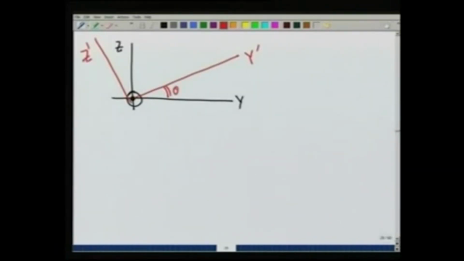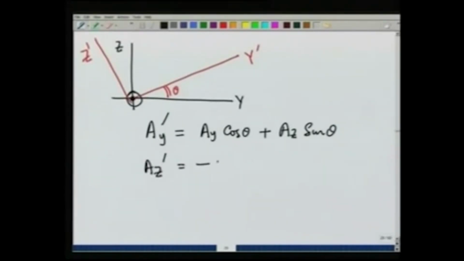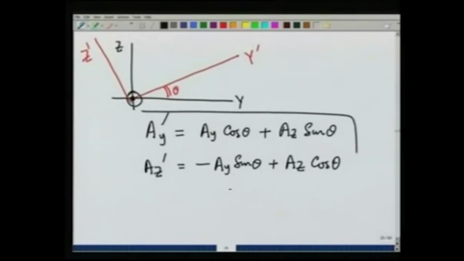theta. Then you can see that what we did earlier, a y prime in the rotated frame when I rotate about the x axis is going to be a y cosine of theta plus a z sine of theta, and a z prime is going to be equal to minus a y sine of theta plus a z cosine of theta. Similarly, if I rotate about the y axis, let us do that.